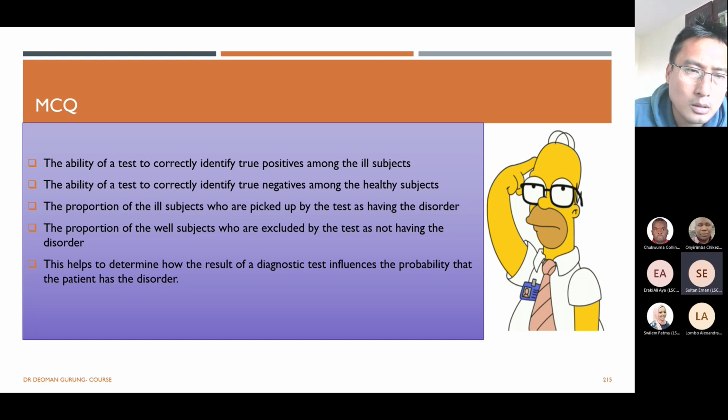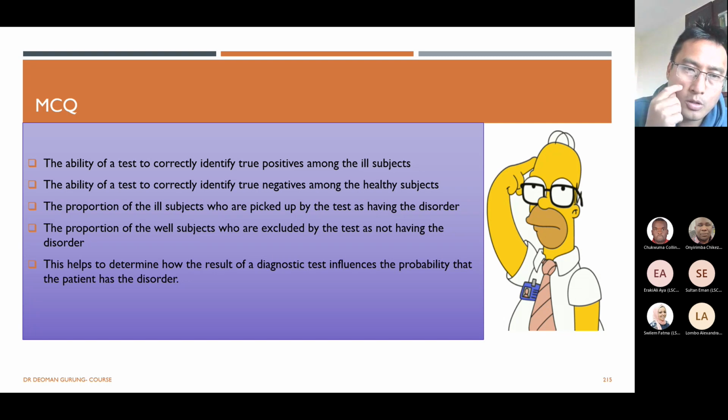Sometimes this is confusing. Okay, if you see anything like proportions or frequency, it's predictive value. If you just see an ability to correctly identify, it's sensitivity. Ability to correctly identify true positive is sensitivity, true negative is specificity.